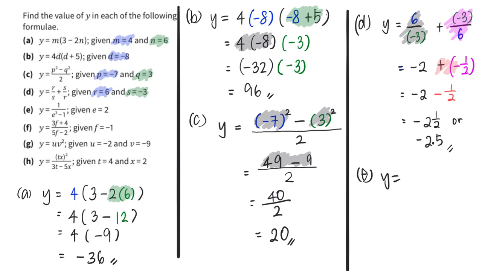So my y will be equal to 1 over e power 3 minus 1, and the e they have given us as 2.